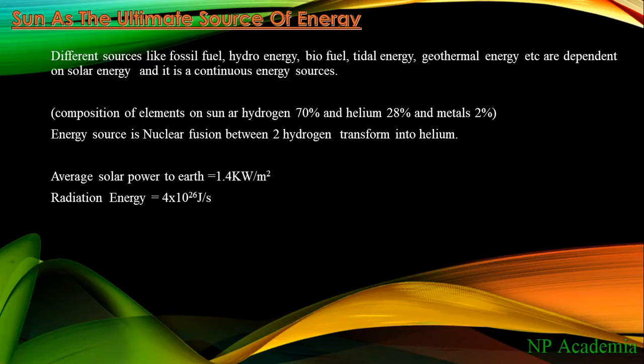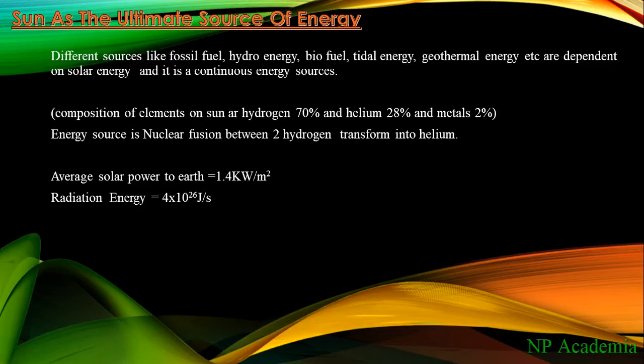Tidal energy. This is the same as hydro energy. Tidal energy means due to the motion of the ocean water, we can produce hydro energy. Without temperature, there is no possibility of motion in the water. There will be frozen water.